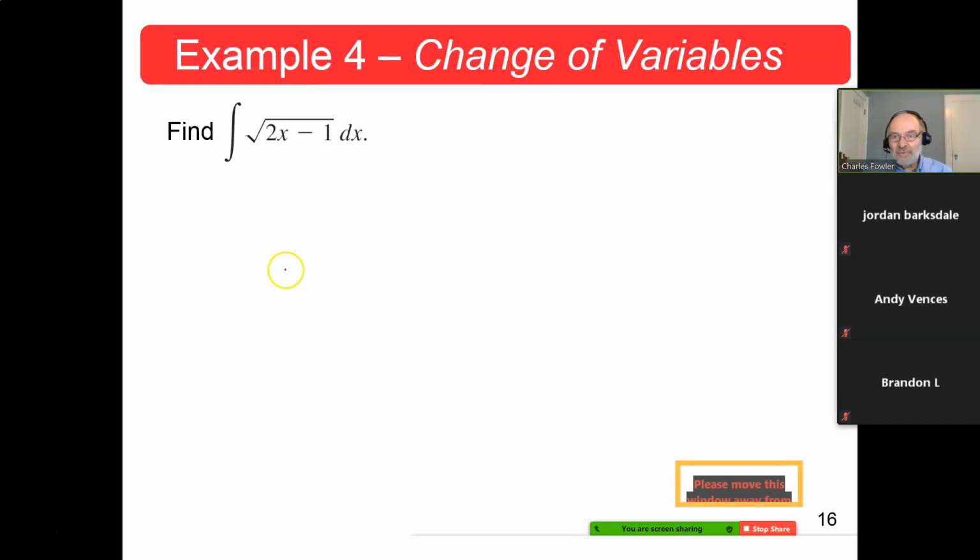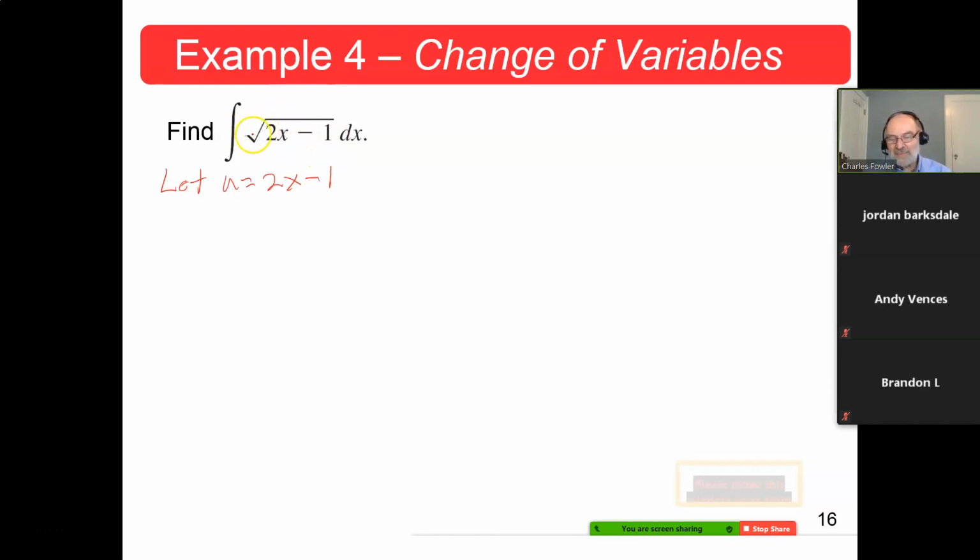I'll ask you what you think the first step should be. Anybody? u equals 2x minus 1. I like it, because it's the innermost part of the most complicated part of the problem.